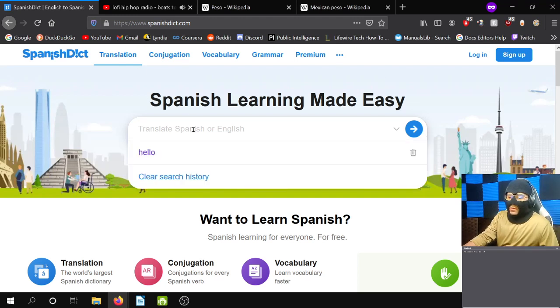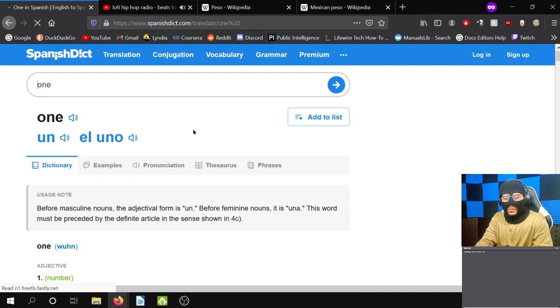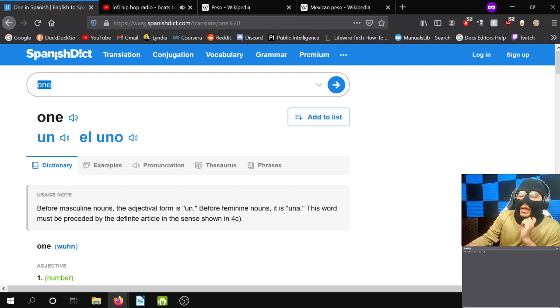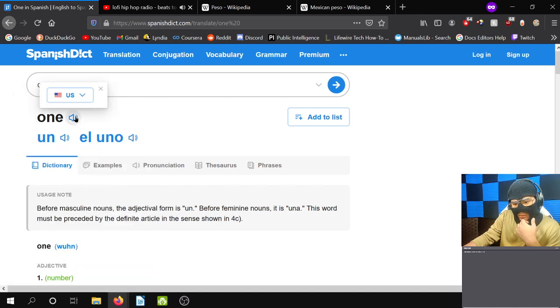But anywho, let's go on to the words. 1, which is un. So I have to pronounce this because I have to say like un peso, un dólar. So one of a cent or one of a dollar. So such, so forth. But yeah. One. Yeah, one.